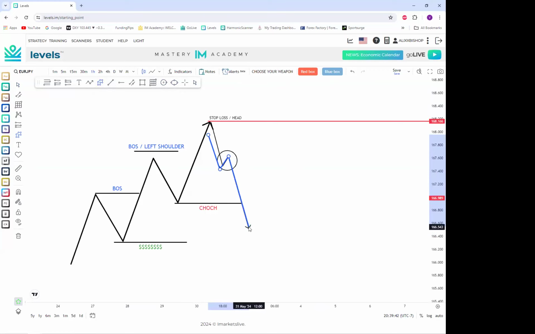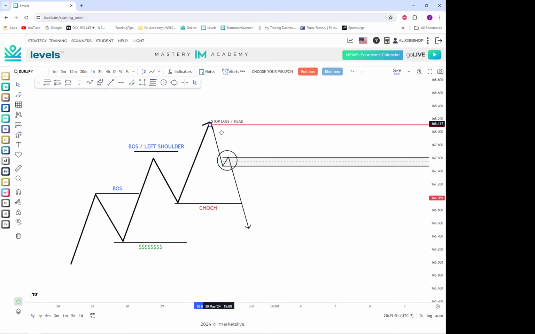Yes, it is the starting point. So what you can do, you could mark it up. Your stop loss will be the highest wick in this area. If you like the starting point entries, this is your entry. If you like the head and shoulder entry, the other setup was your entry.